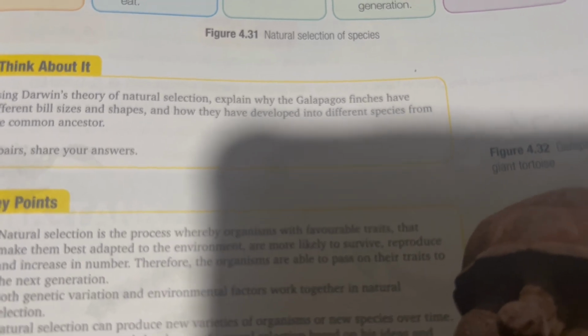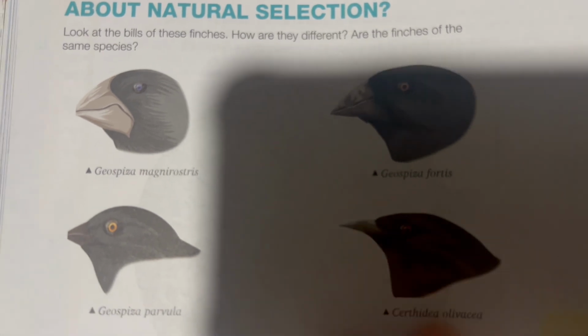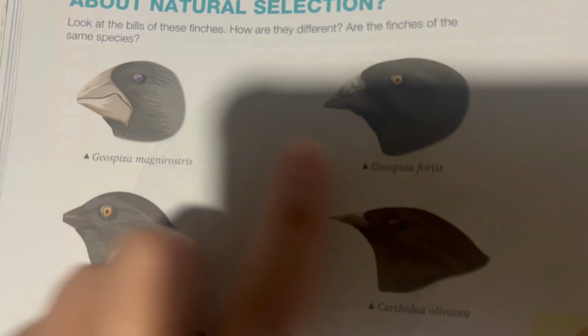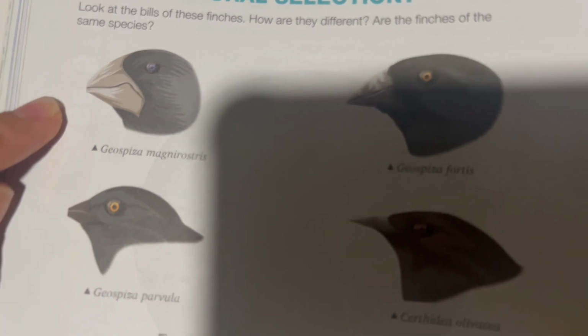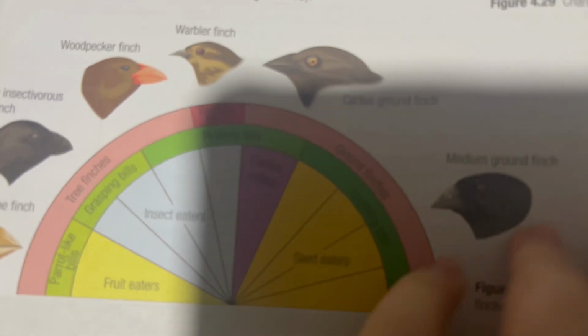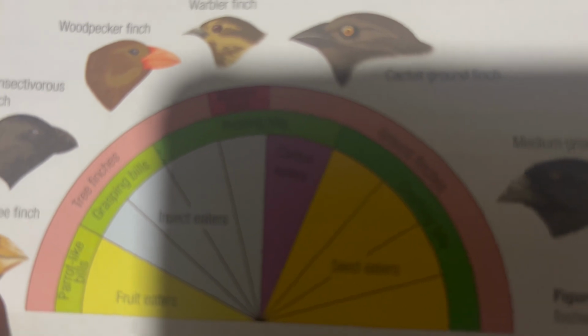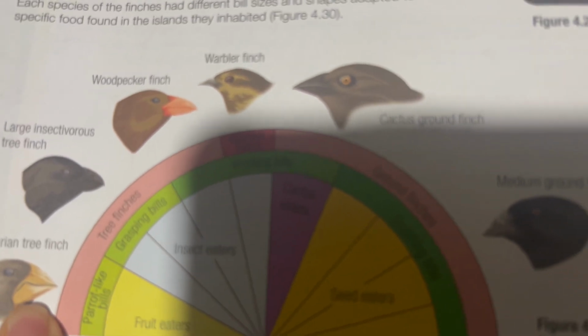If you have an example here of the finches, they are the same species but they have different beak shapes. Why? Because of the food available in their environment. This one is a fruit eater, that's why its bill needs to be like this.